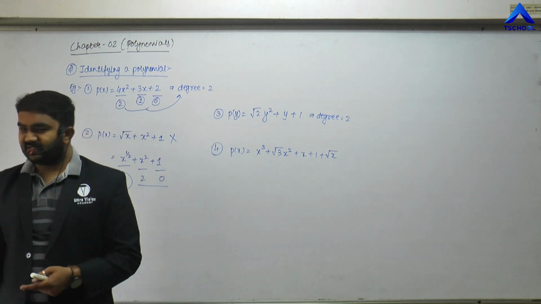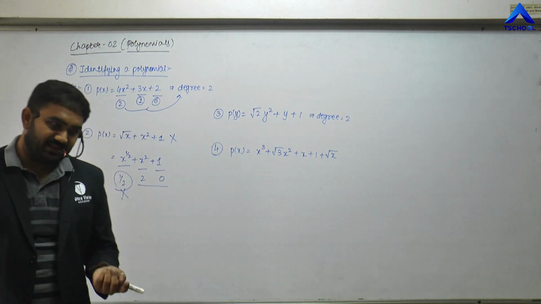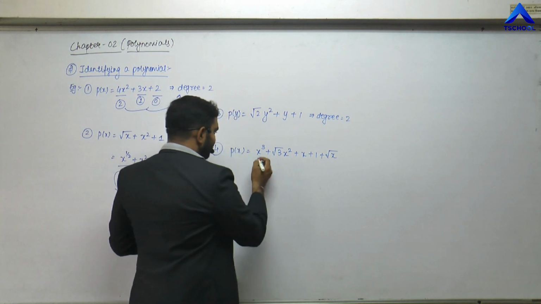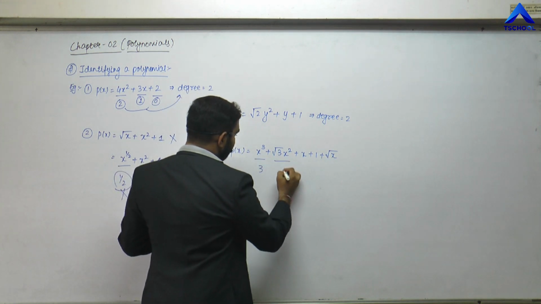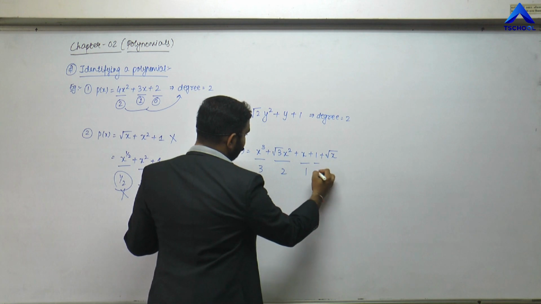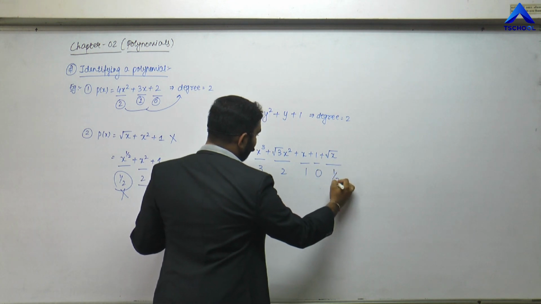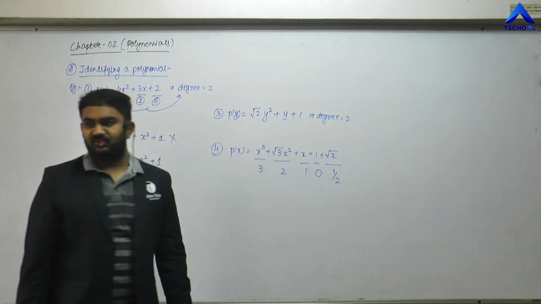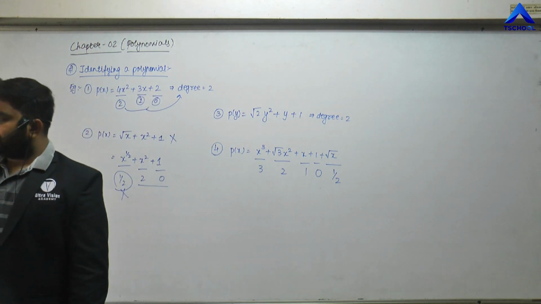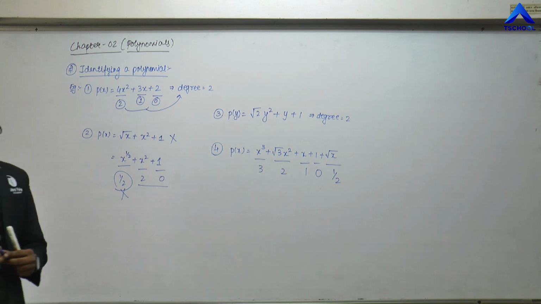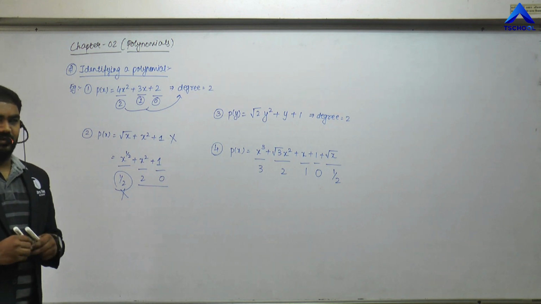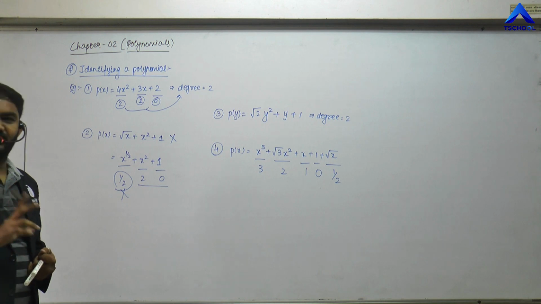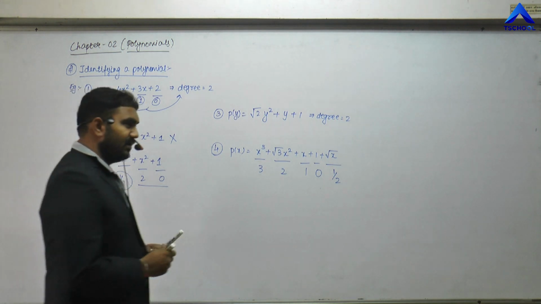The first one is associated with only 3, and the second one is associated with the variable x. So here the power is 3, here the power is 2, here it is 1, here it is 0, and here it is 1 by 2, which is not possible. The power of a variable present in the polynomial must be a whole number. Here it is not a whole number, and hence that is not possible, right?